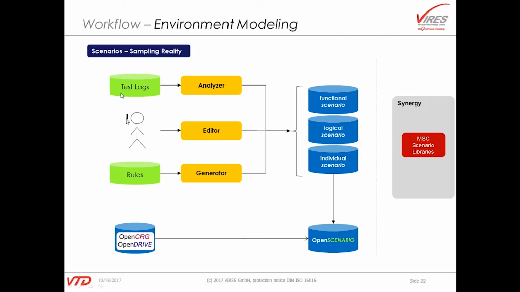Another way, which comes now more from the research projects we are working on, is to use something like rules to define scenario descriptions. Then you would have something like a generator in between, which could be a piece of software either by you or written by us.